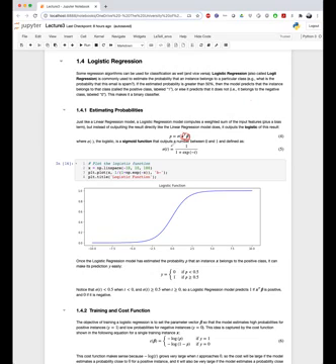This is called the sigmoid function, which means it's S-shaped. And actually, we plot out the function here, the logistic function. It's S-shaped. And we call this function the logistic. So that's why we call this logistic regression.